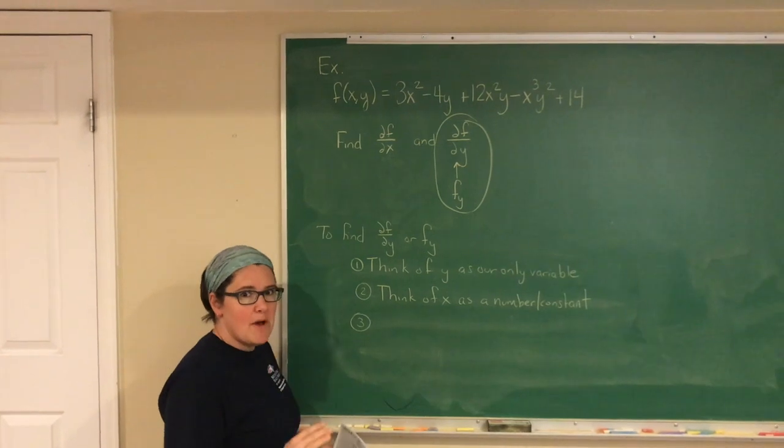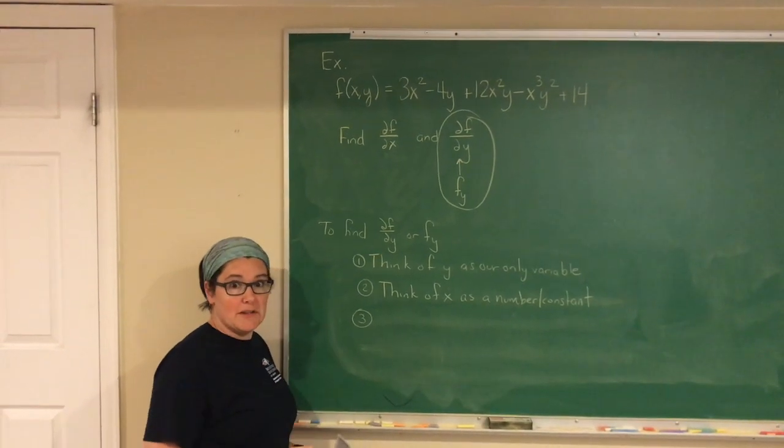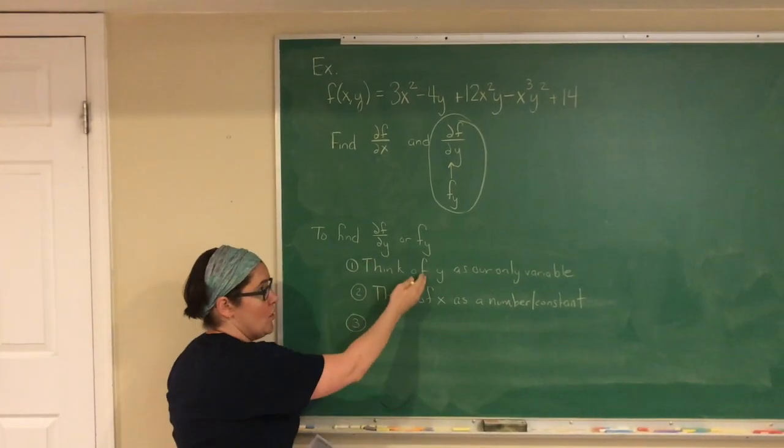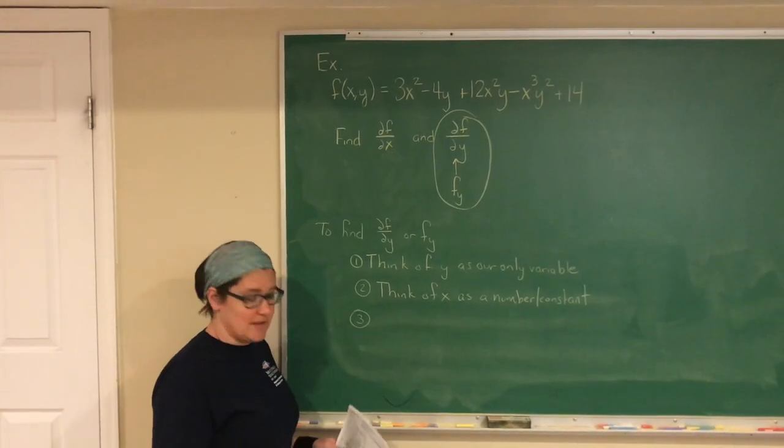We want to think of x as a number or as a constant. And once you kind of get that mindset, and for me, I always pause at the beginning of one of these problems and say, okay, y is my variable, x is a number.